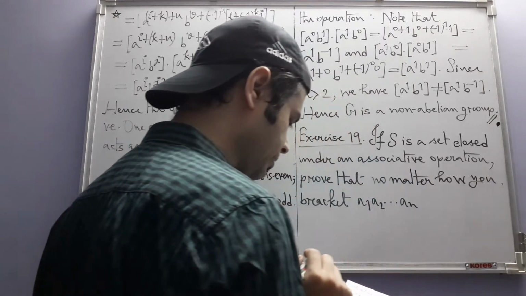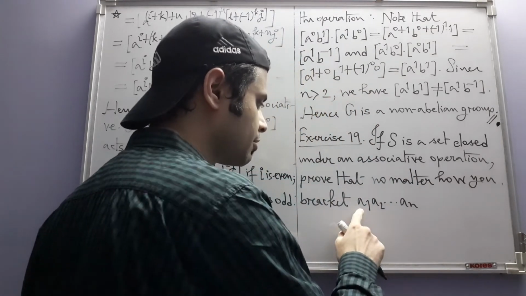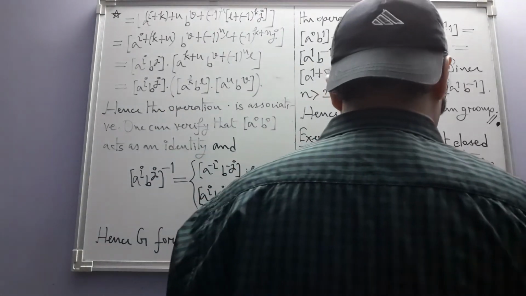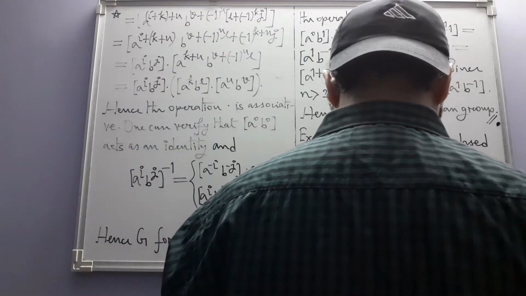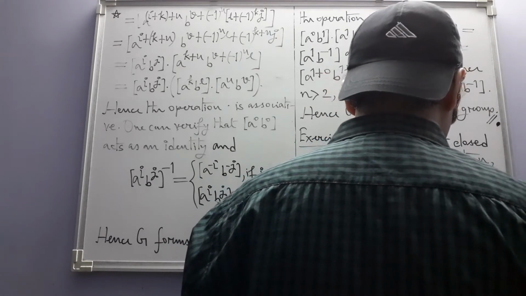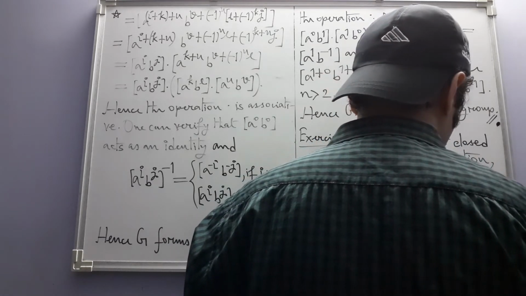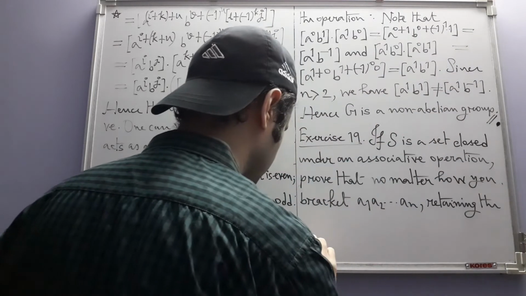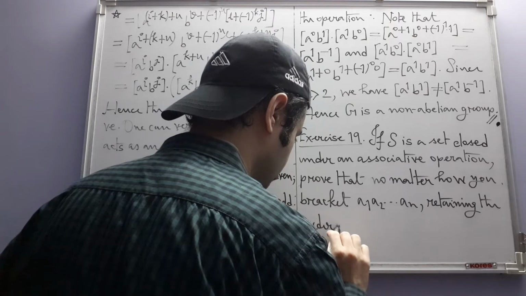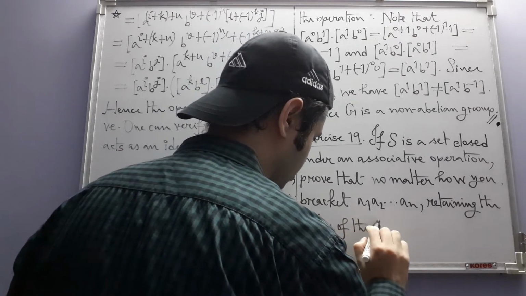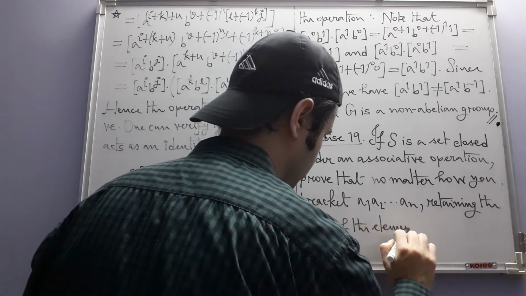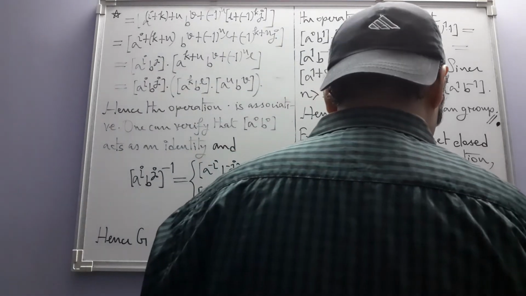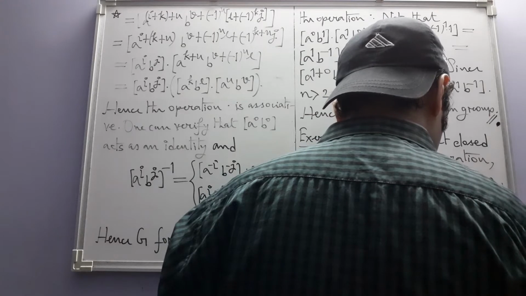a product like this, where of course you have to understand that this A1, A2, these are coming from S, retaining the order of the elements, you get the same element.